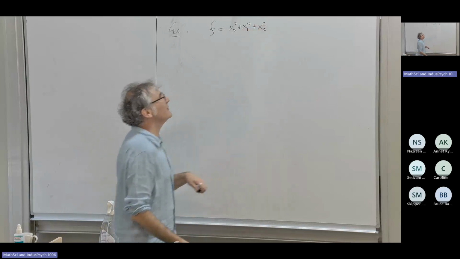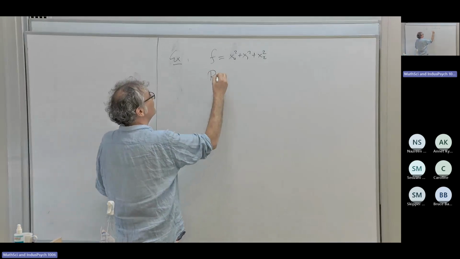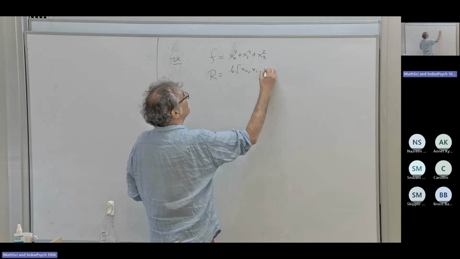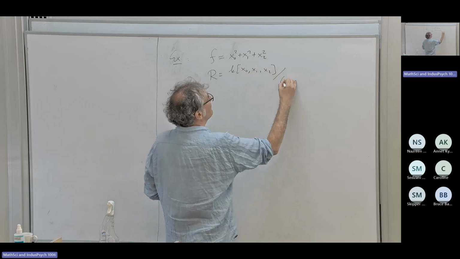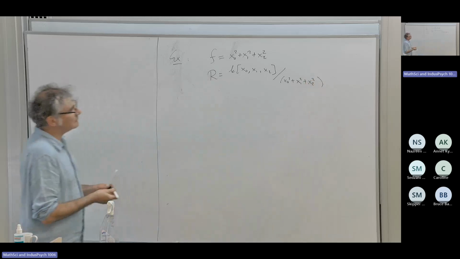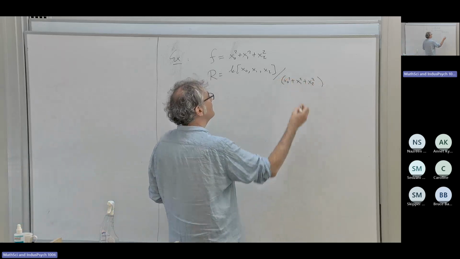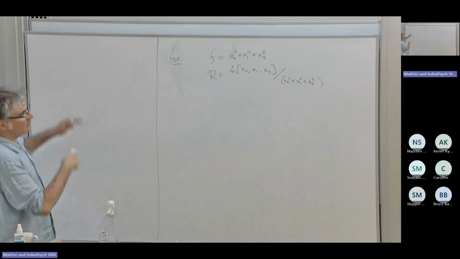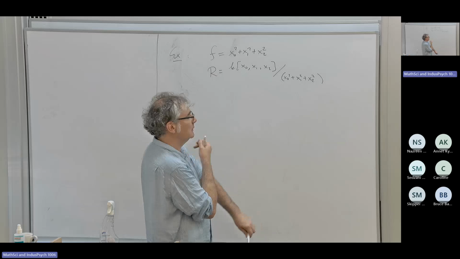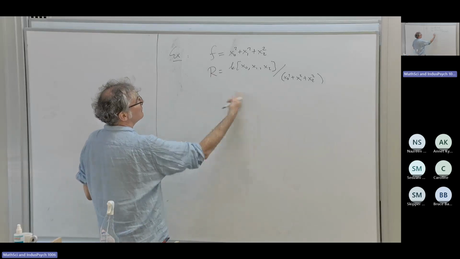Okay, quadric in P2. Yes, so we have R is k[x0, x1, x2] modulo x0 squared plus x1 squared plus x2 squared. Our task is to determine the graded dimensions.